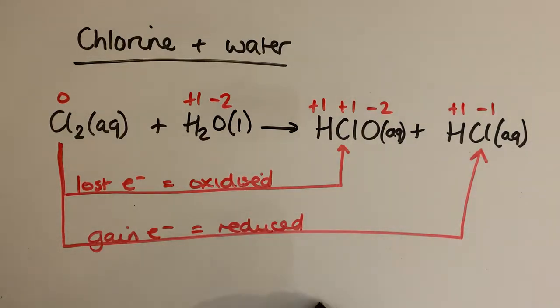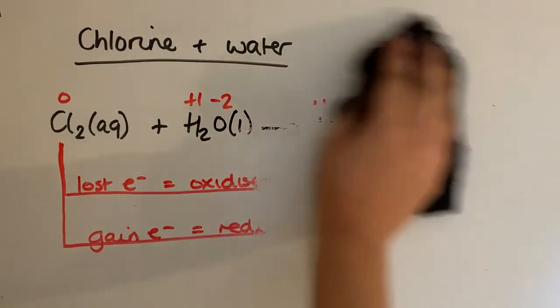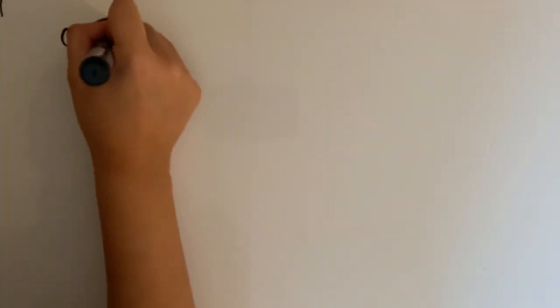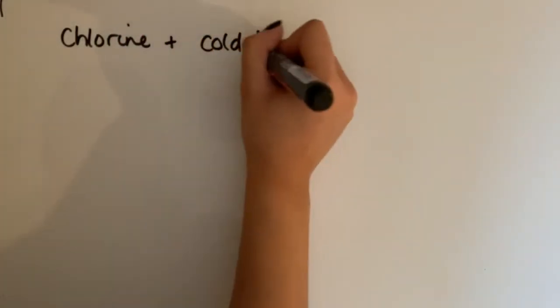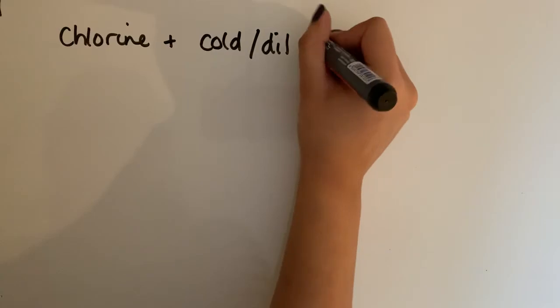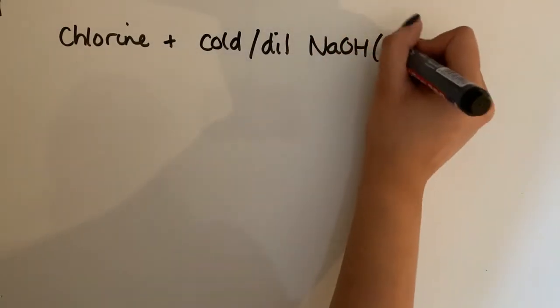Okay, the other one that we need to know is when we add chlorine to cold dilute sodium hydroxide. So cold dilute sodium hydroxide, and it's got to be aqueous.